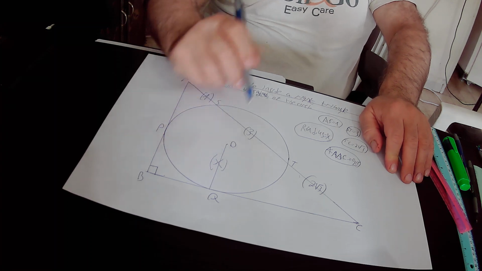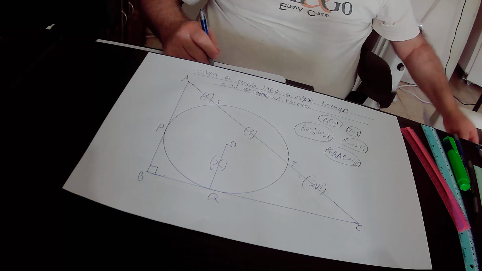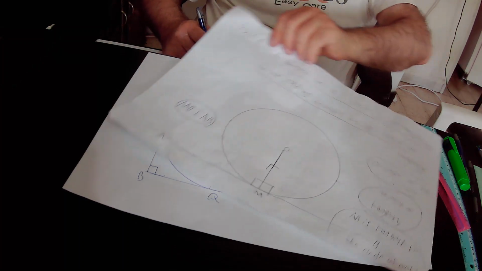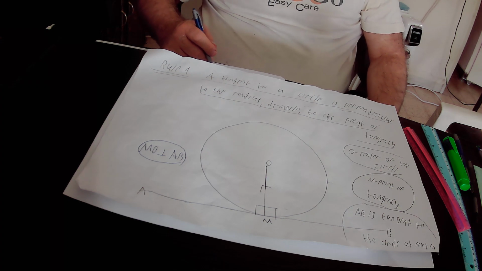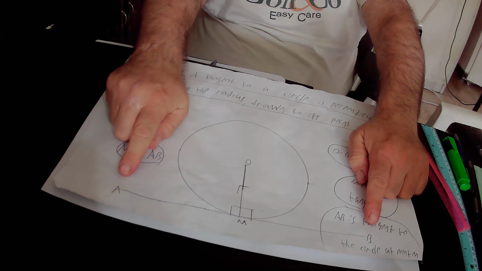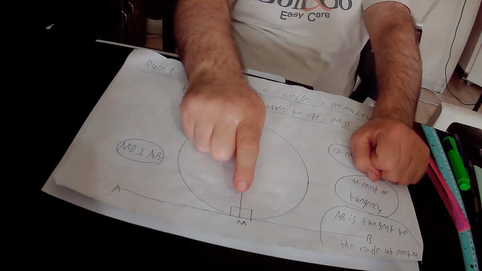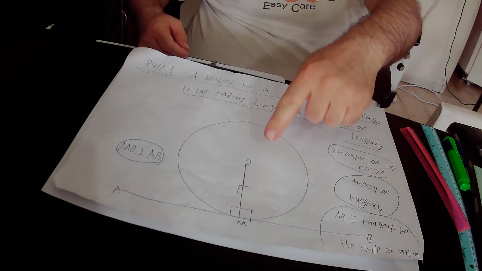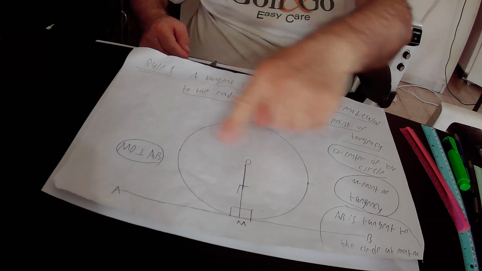You can implement rule 1. I will repeat quickly rule 1. According to rule 1, a tangent to a circle is perpendicular to the radius drawn to its point of tangency. So in the drawing we have a circle, and tangent AB is tangent to this circle at point M. We also have the radius OM drawn to point M, the point of tangency of tangent AB with this circle.